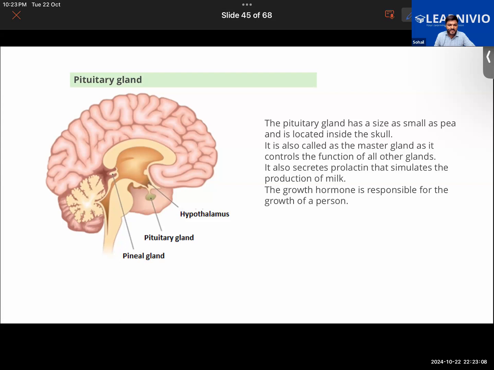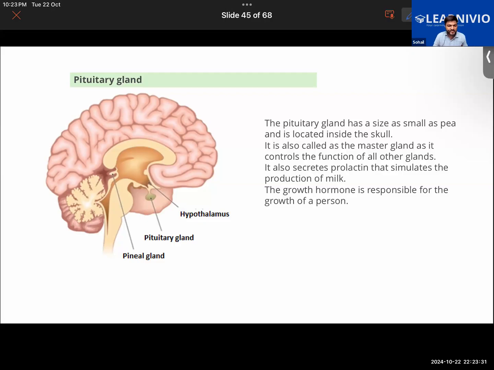So during pregnancy, what happens? Prolactin stimulates the mammary glands to produce milk. That is one thing. And after the birth of the child, prolactin causes the mammary gland to produce milk.